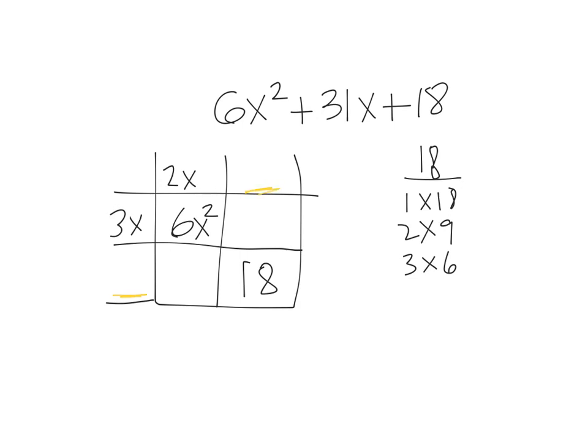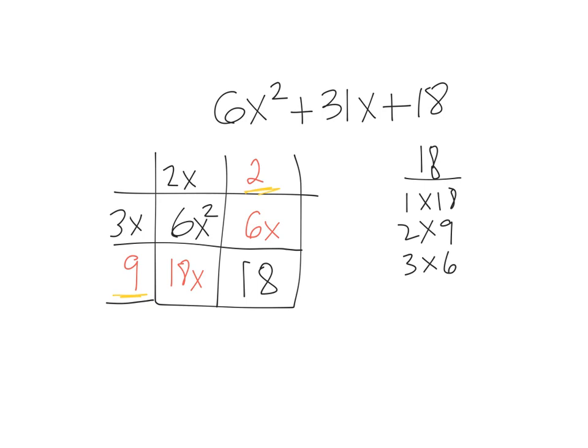So maybe I try 2 and 9, just because I picked it out, no reason. I can't even remember what the answer is, to be honest with you, so I'm just guessing. I plug in 2 and 9, then this would be 6 and 18. They'd both be x's.